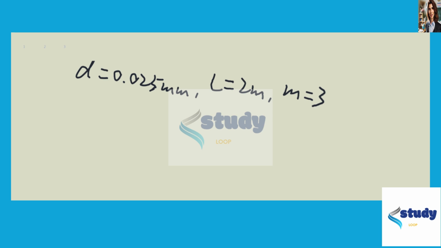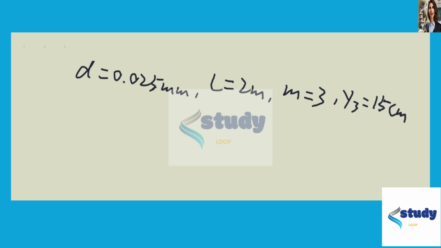The separation of the slits d is 0.025 millimeter, and L is 2 meters. m is 3, since we're talking about the third order bright band. And we also know the spatial separation between the zeroth band and the third bright band is 15 centimeter.